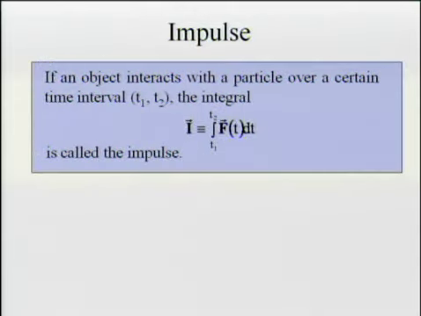All right. So the quantity which describes interaction, which is directly related to momentum, is called impulse. Impulse, in a similar way to work, describes cumulative interaction. In the case of work, we were interested in cumulative interaction over a path, more than over a time interval.